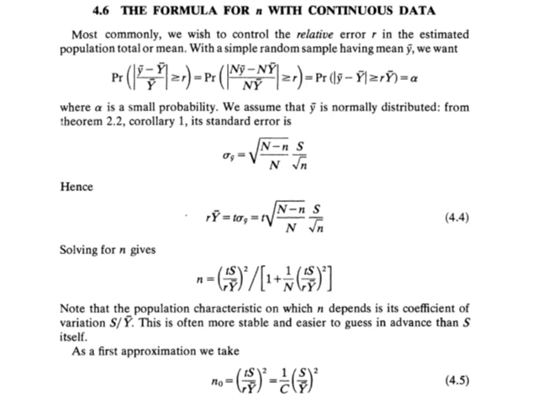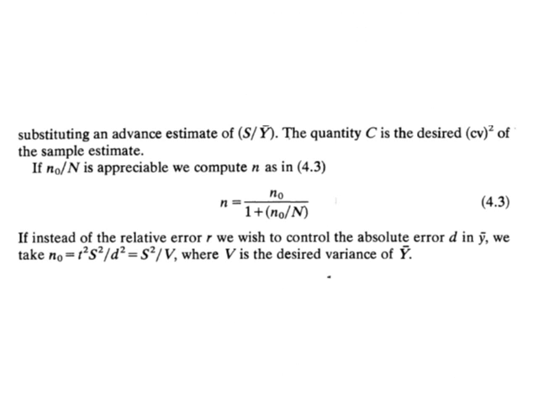Note that the population characteristic on which n depends is its coefficient of variation, s/Ȳ. This is often more stable and easier to guess in advance than S itself. At the first approximation, we take n0 = (ts/(RȲ))² = (1/C)(s/Ȳ)², substituting an advance estimate of s/Ȳ.